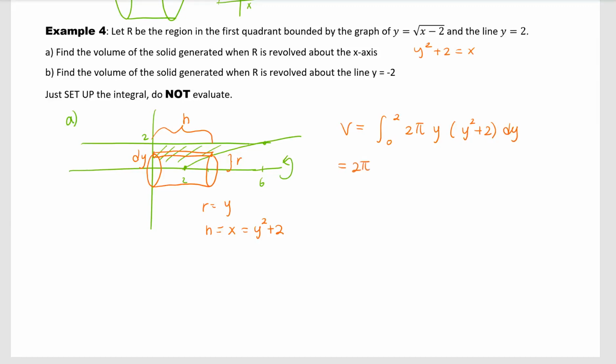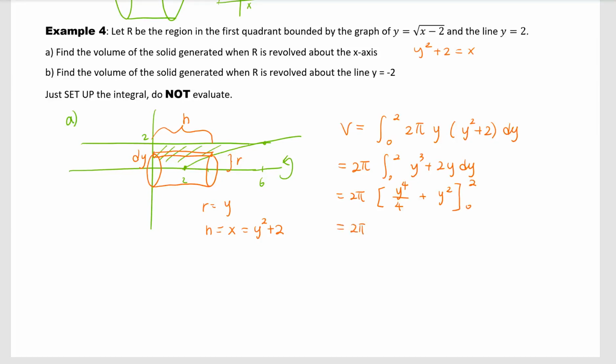2 pi, move it out. And then we can distribute it, right? Here you can also use u substitution, but I think distributing and using the power rule is easier for me. Then the integral is y to the 4 over 4 plus y squared, from 0 to 2.